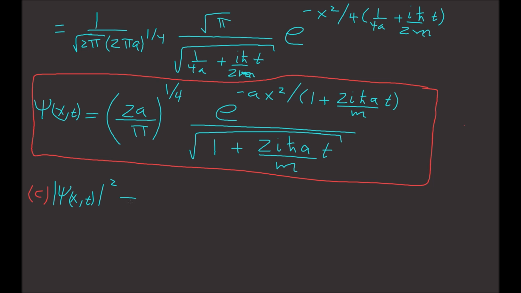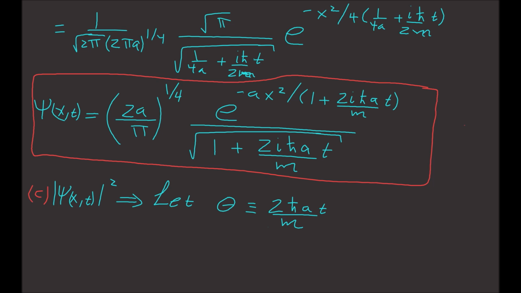Before we do this, I'm gonna define a new variable to make our life easier. We can define theta to be 2 h bar a divided by m times t.